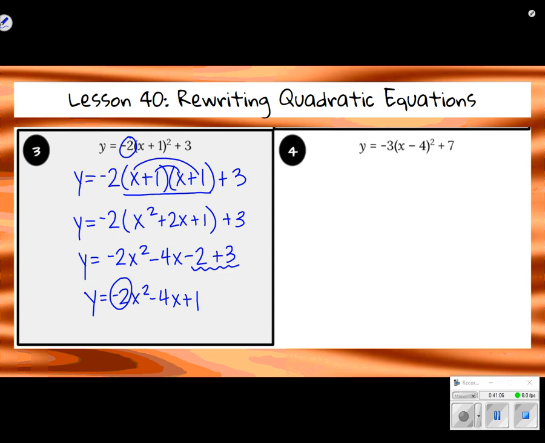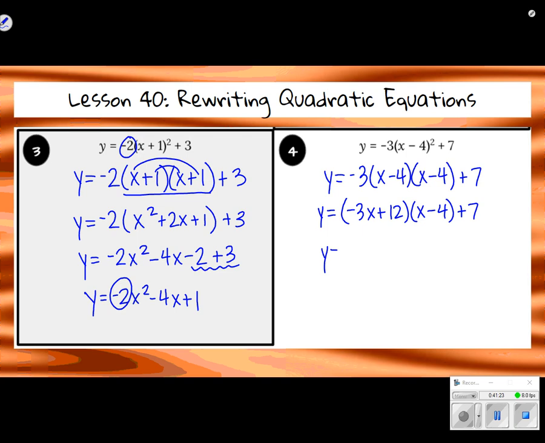All right, let's look at 4. Y equals -3 x minus 4 times x minus 4 plus 7. Let's distribute that -3 just into the first parenthesis, though. Don't go crazy. So then now I can FOIL.